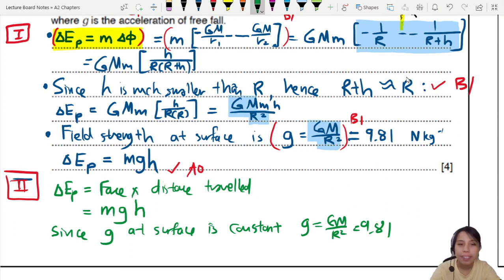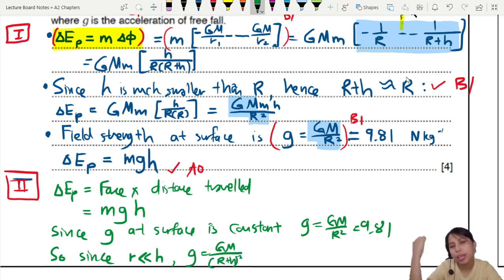Okay? And lastly, this r here, you're like, but wait, isn't this r plus h? Right. So, since h is much smaller than r, we can say that g is supposed to be GM over (r plus h) squared, right?